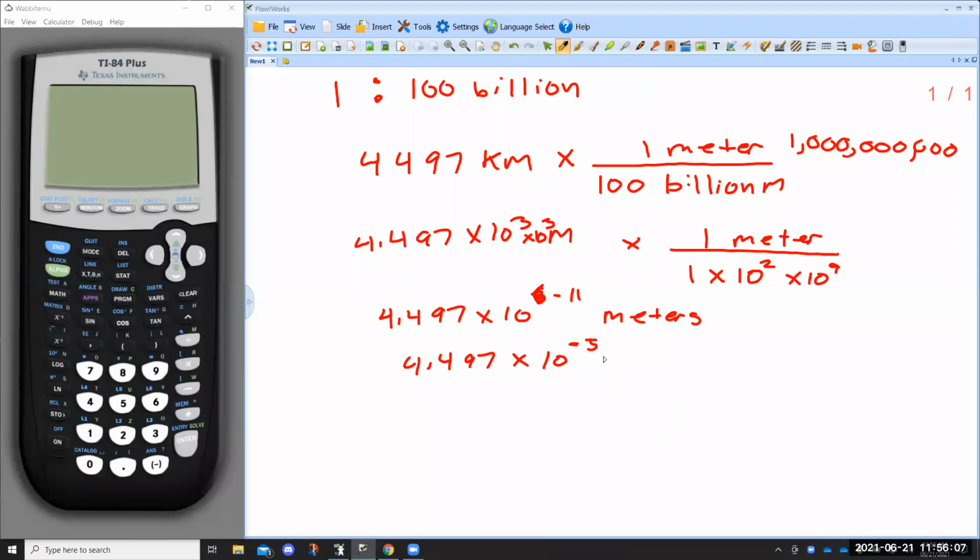Let's look at this again. 3 and 3 is 6, and that is 11. It's negative 5 meters.